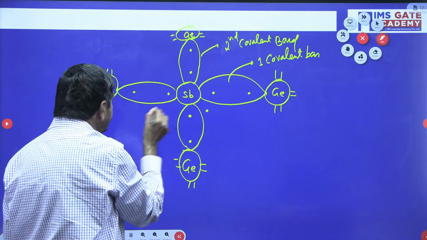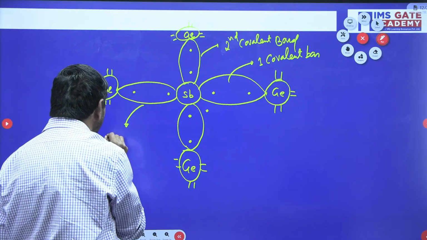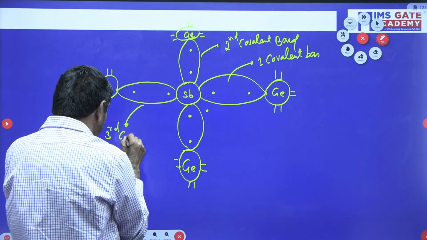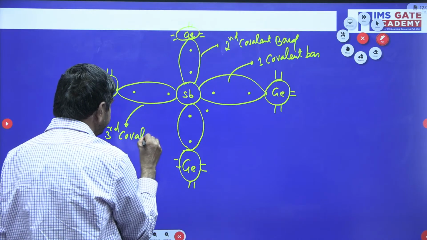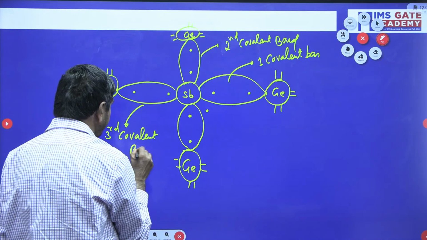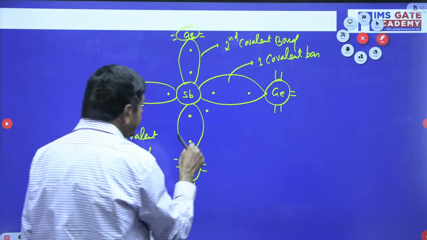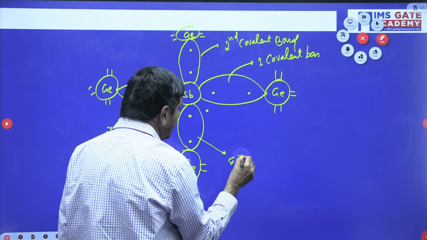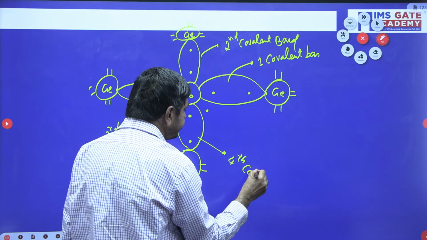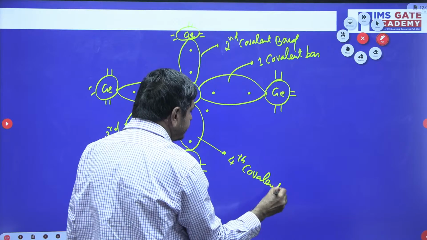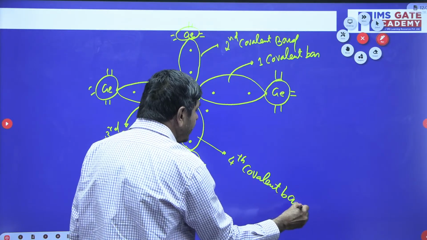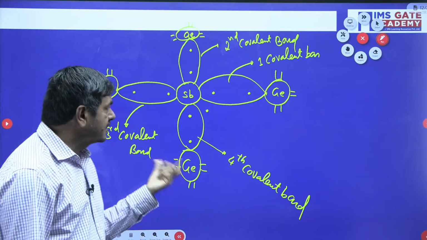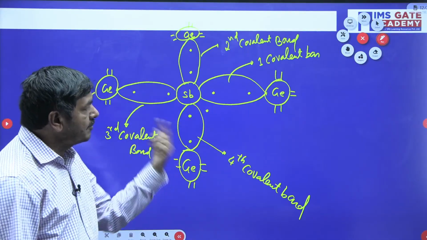Because of the sharing of these 2 electrons, the third covalent bond is formed. Even here the sharing of 2 electrons is done, so the fourth covalent bond is formed. Finally, how many covalent bonds are formed in this bond structure? The 4 covalent bonds are possible.